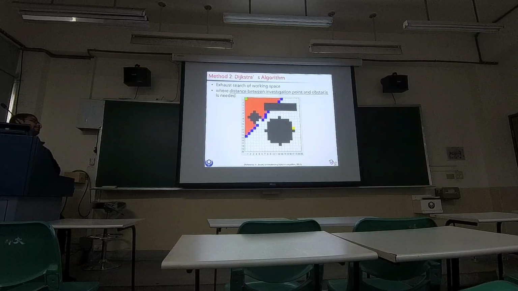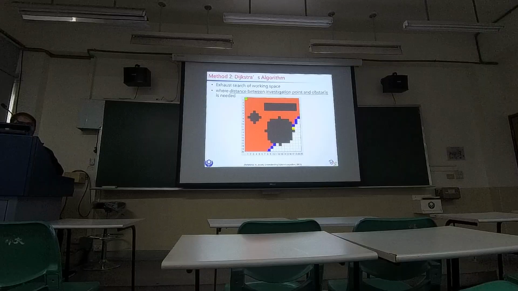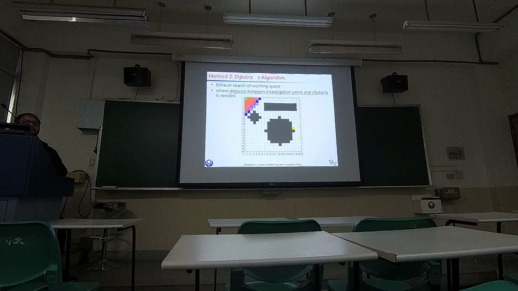There is one more traditional method, called the Dijkstra algorithm. It is a grid-based method. Here, in all the space, it provides a grid, and each next grid is calculated from the first grid.